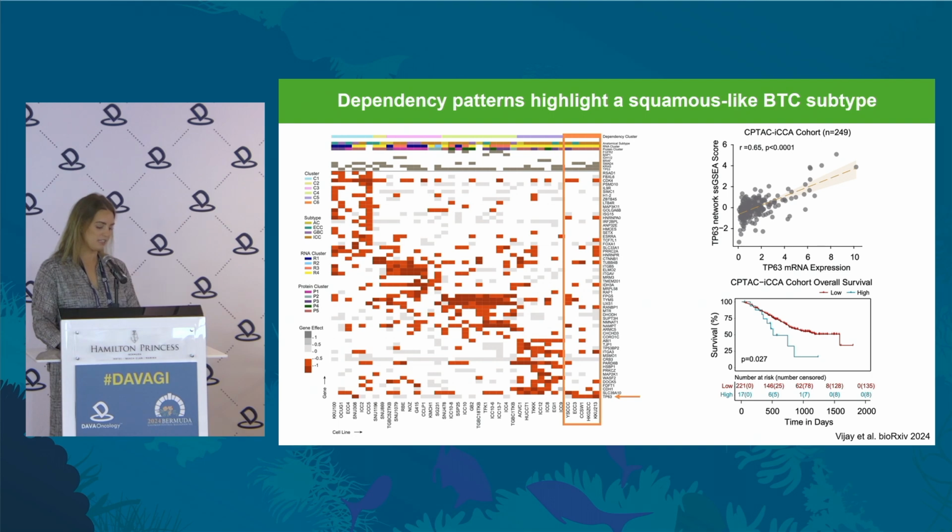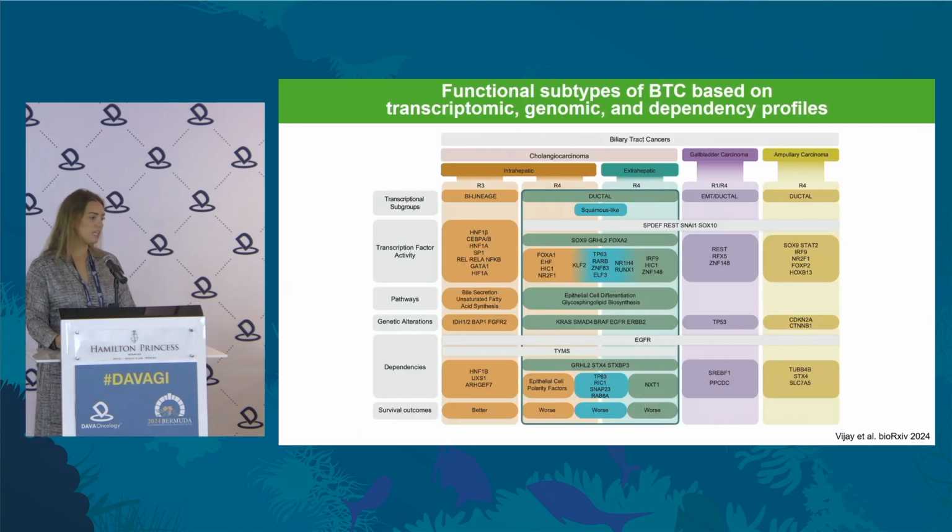Not surprisingly, the survival with TP63 in this cohort was worse. And so while these adenosquamous carcinoma variants are quite rare, it's possible that there are more partial squamous differentiation biliary cancers. So in summary, we've identified functional subtypes of biliary cancers based on transcriptomic, genomic, and dependency profiles.